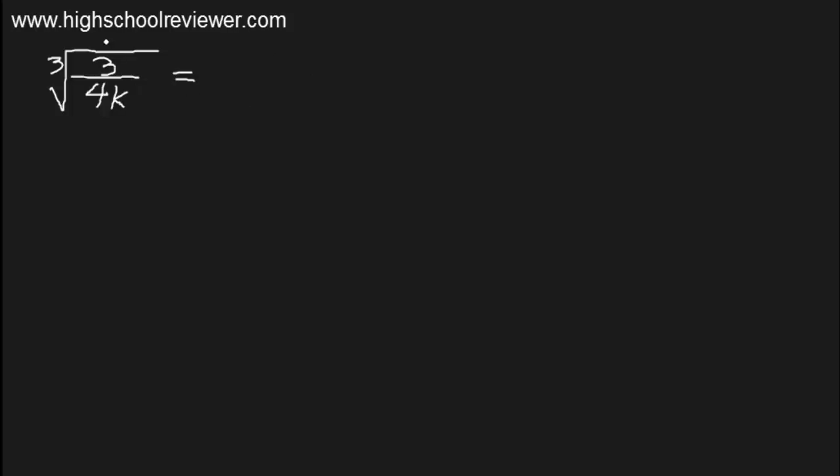So first we are going to rewrite this. So we will have a numerator and the denominator. The numerator here will be the cube root of the numerator, and the denominator will be the cube root of our denominator, which is 4k.